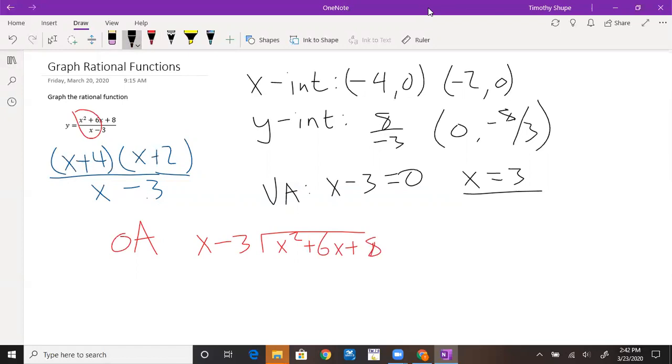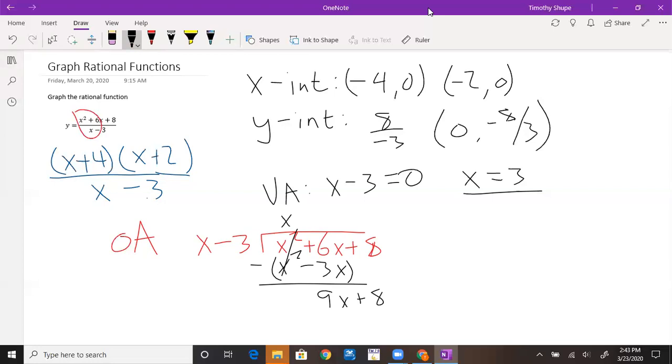And first thing I'm going to do is say x goes into x squared x amount of times. If I multiply that by the x minus 3, I end up getting an x squared minus 3x that I can subtract off. So if I subtract off those two values, the x squareds are going to go away. 6x minus a -3x ends up giving me a 9x, and I can drop down the plus 8.